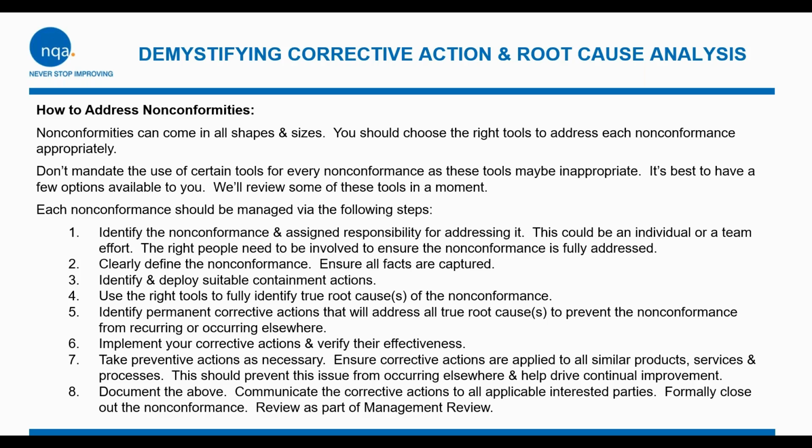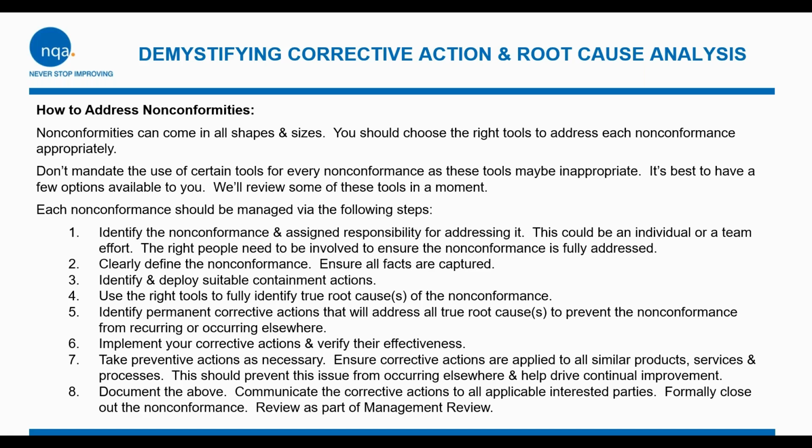You have to identify and deploy suitable containment actions. These address the symptoms of the non-conformance, which make sure that in the short term, it doesn't have a negative effect. Use the right tools to fully identify the true root cause or the true root causes of the non-conformance. There can be more than one root cause.